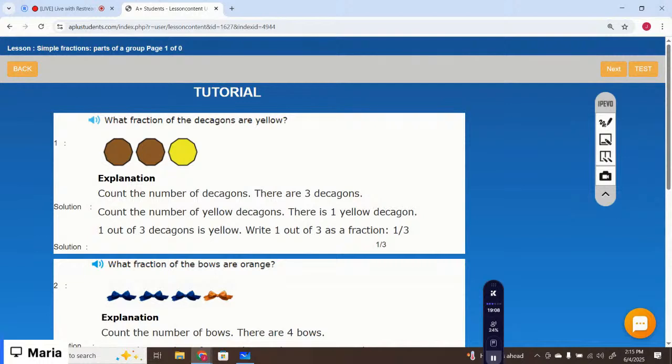What fraction of the decagons are yellow? So you need to count the total decagons first. So there are one, two, and three decagons. Now we need to count the yellow decagons. So out of three, one is yellow. So the answer you can write in fraction form is one out of three.